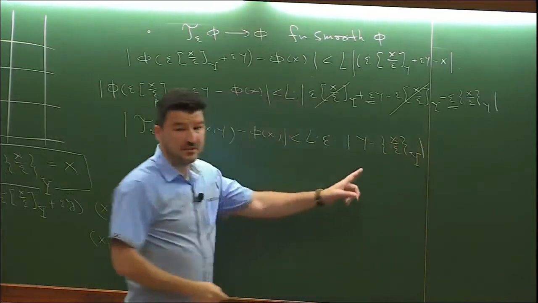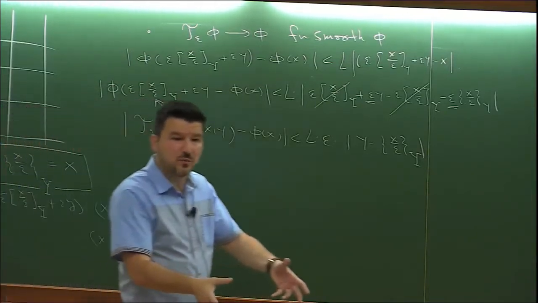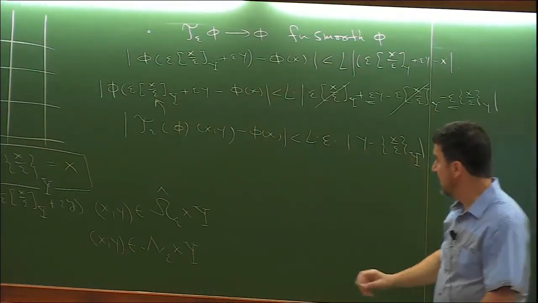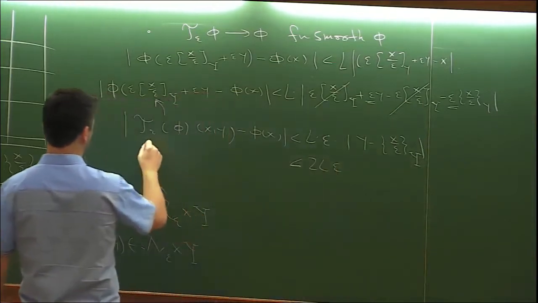This absolute value you can bound by the triangle inequality. Both y and the fractional part are in the unit cube if we assume the periodicity cell to be the unit cube. So the whole thing is bounded by 2, yeah? So this is less than 2L epsilon.